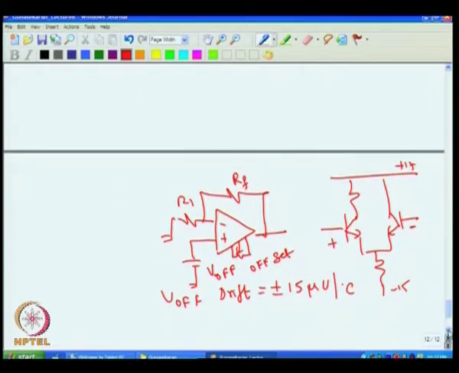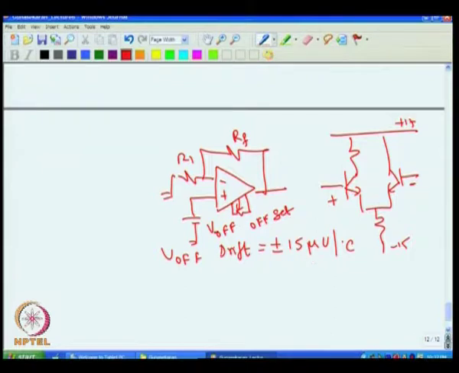So, the V offset drift of the 741 is plus or minus 15 microvolt. It means the change in voltage at this point is 15 microvolt per degree C.